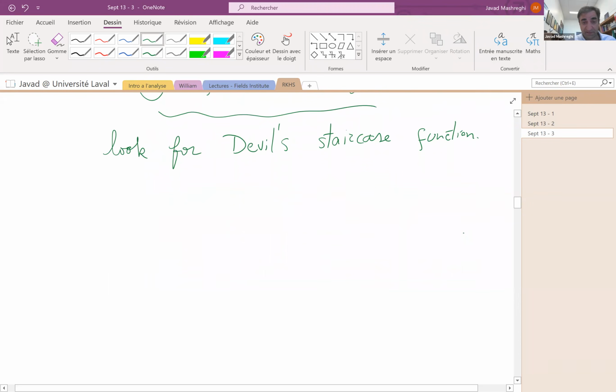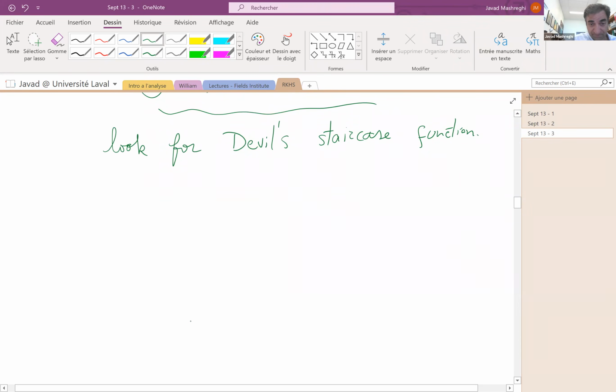It's an increasing function like this, from 0 to 1. You remember the construction of the Cantor set. The first step removes the interval (1/3, 2/3), and the function is defined to be constant there. What is the value? You will see.